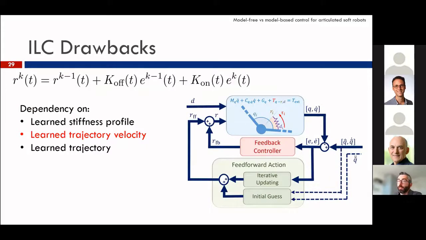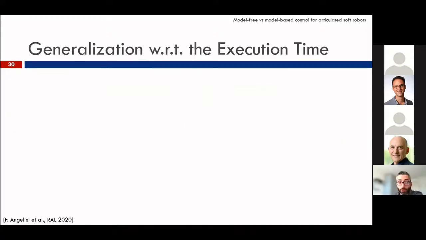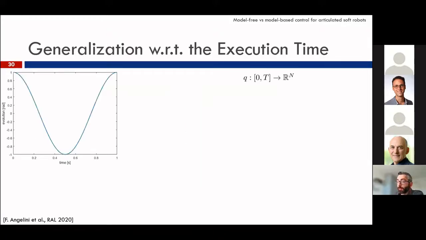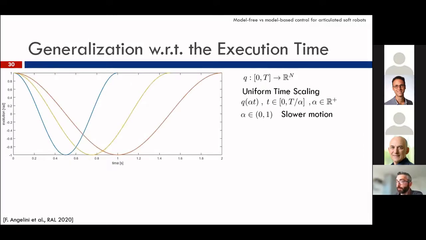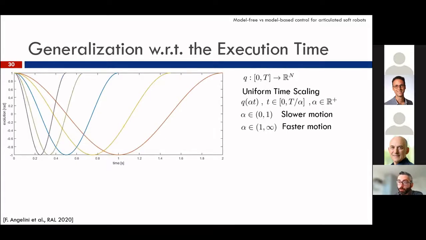Moving on, we can also study the problem of changing the velocity of a learned trajectory. In particular, if we have a trajectory, we can time scale it, and this way we can track it with a slower motion or also faster motion.